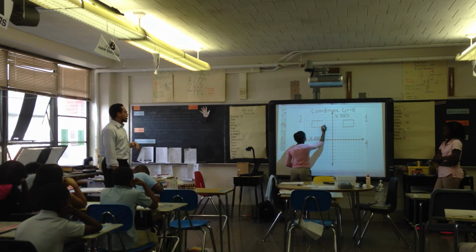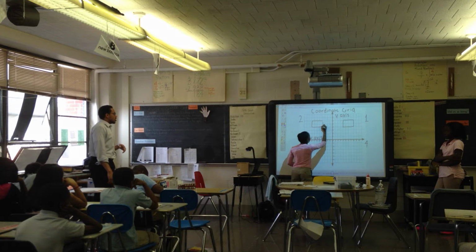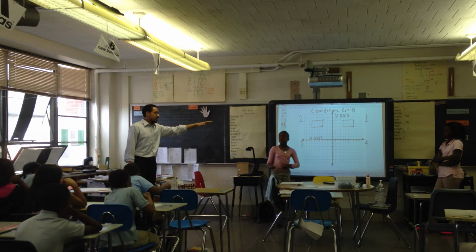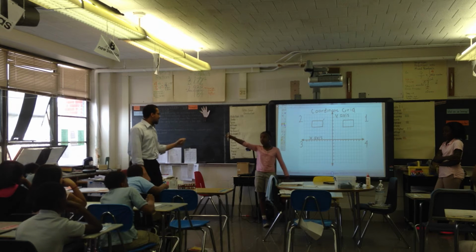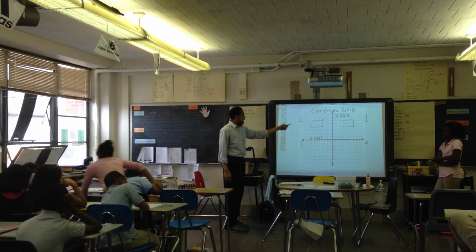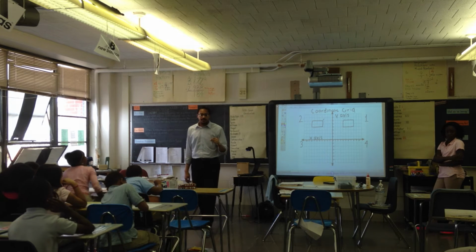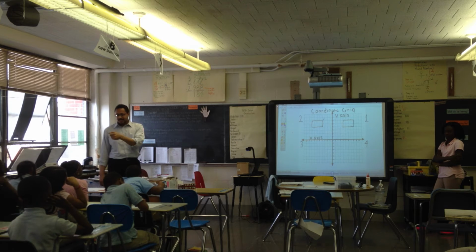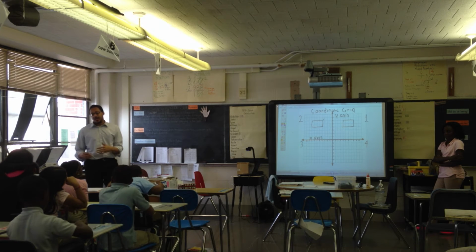So when Tania's done drawing that reflection, who would be able to come up and then show us a slide, a translation, a slide of the rectangle that Zekiah drew in quadrant 4? Tail Haley? You raise your hand and then put your hand back down.